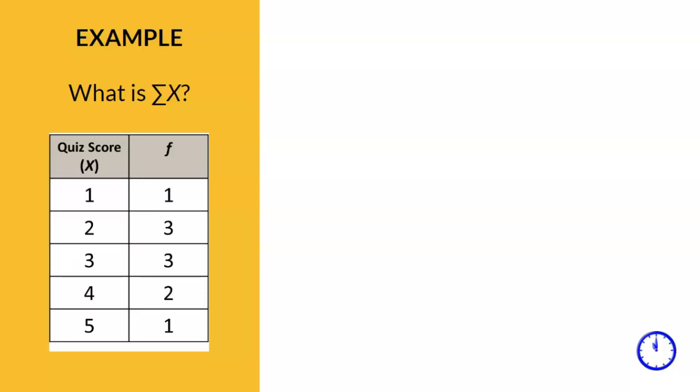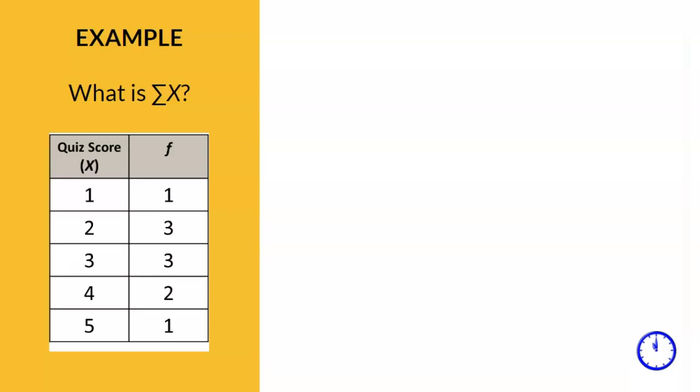For instance, in this table, 3 students scored a 3 on the quiz. So there should be 3 3s in the data set. I encourage you to pause the video and attempt to answer this question on your own using the steps provided. Resume the video when you're done to review your answer.